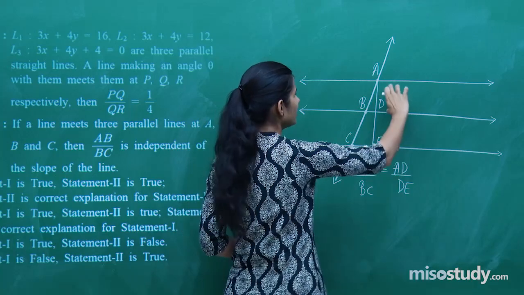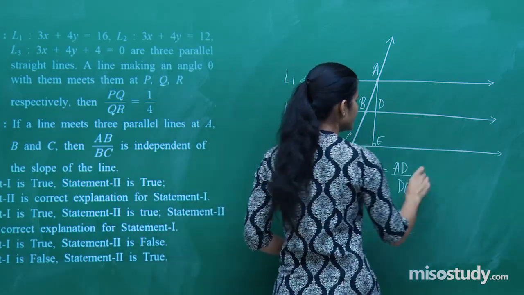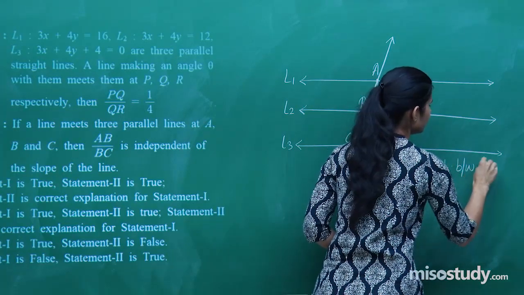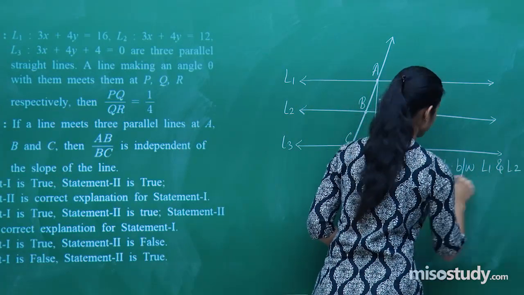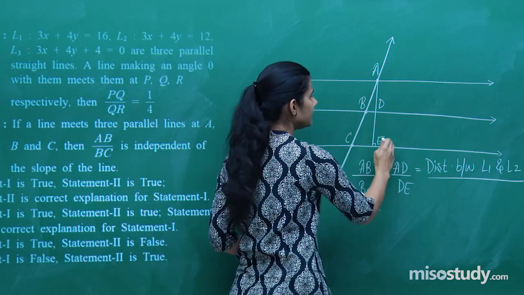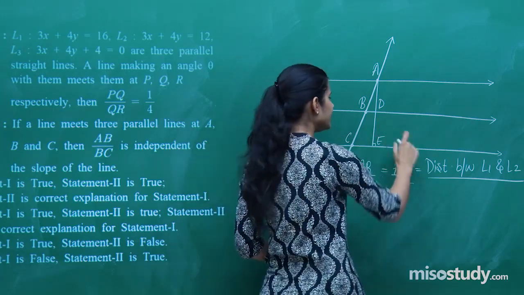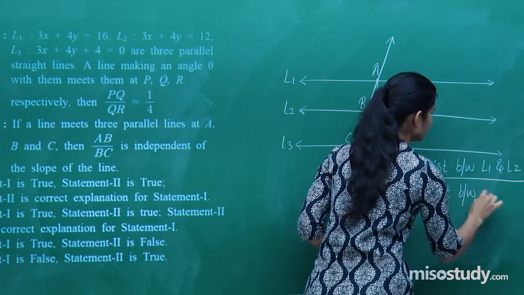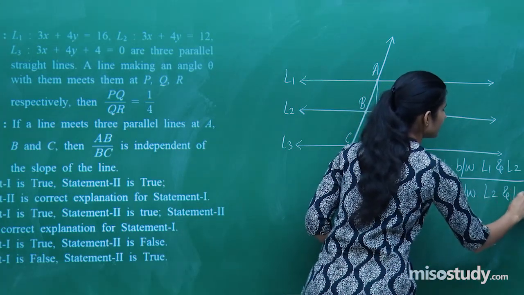Right? What is AD? Distance between L1 and L2? It is the distance between L1 and L2. And what is DE? Distance between D and E is same as distance between L2 and L3.